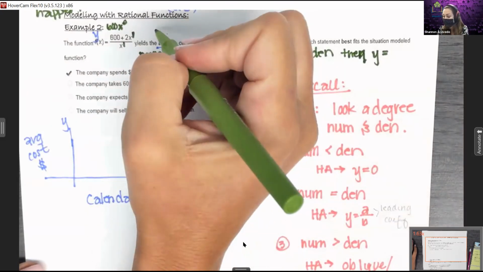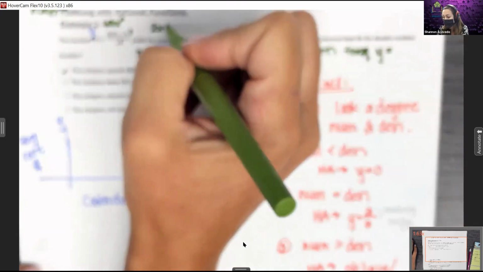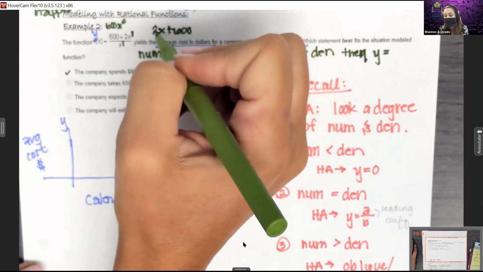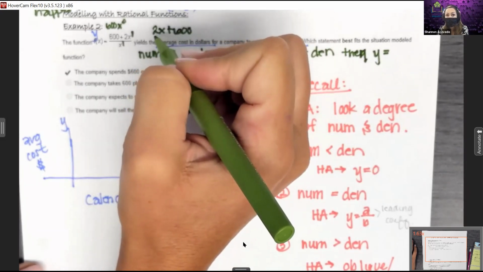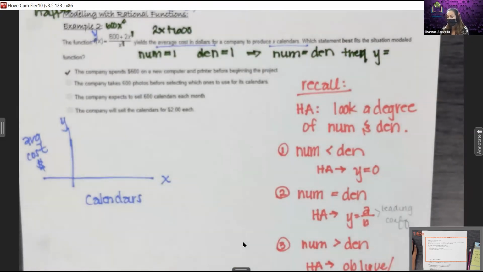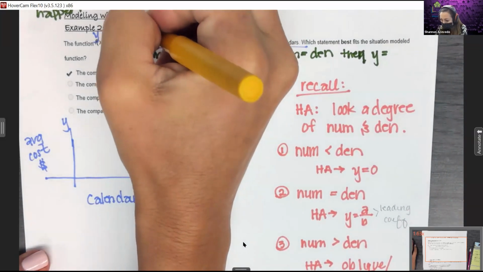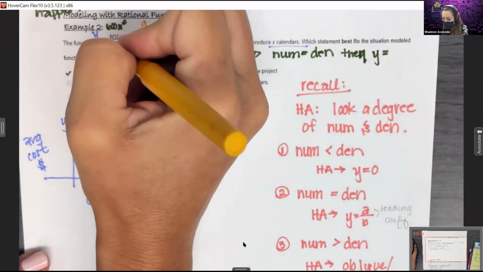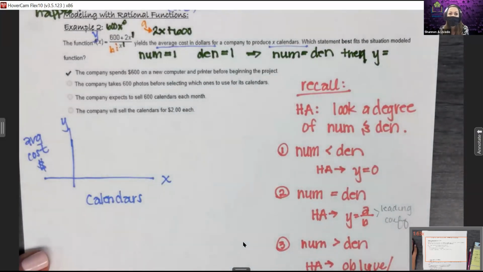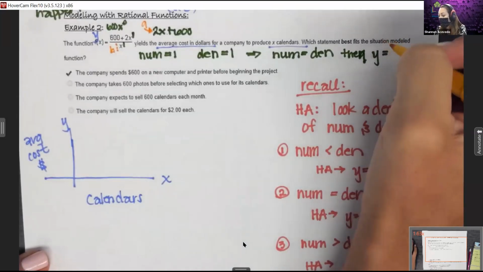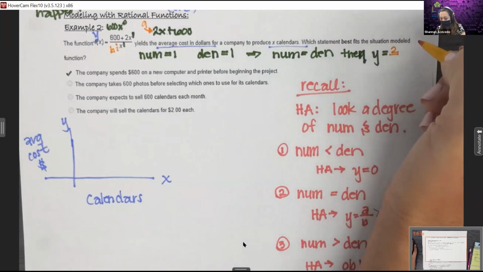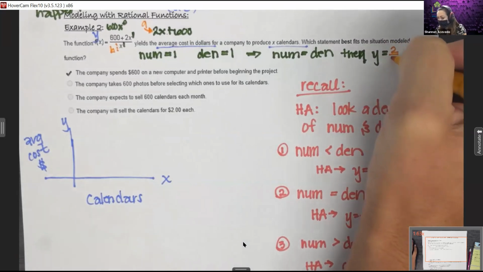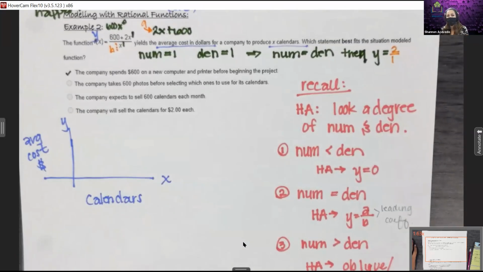Standard form for this would be 2x plus 600. So the leading term would be that 2. This leading value represents my a, and that imaginary 1 would represent my b. So I would say my slope then is going to be 2 over 1, right?